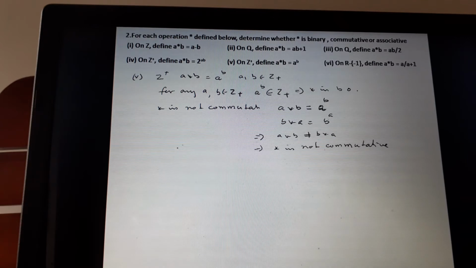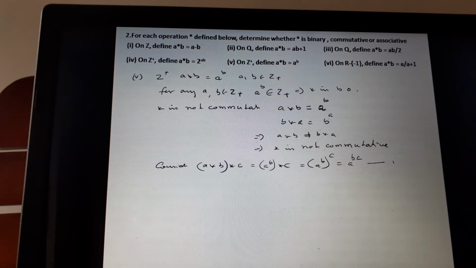Then the third part, is it associative? Same method. Let us consider (A star B) star C. A star B is A power B, then star C. Substitution is not necessary actually, directly you can write A star B is A power B. A star B is a number, star C means (A star B) to the power C. So this is A power BC.